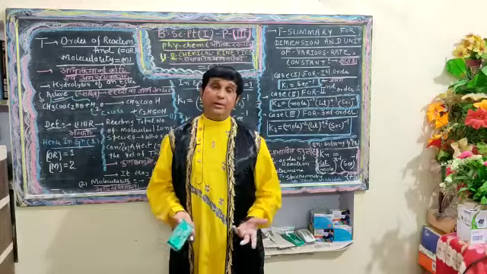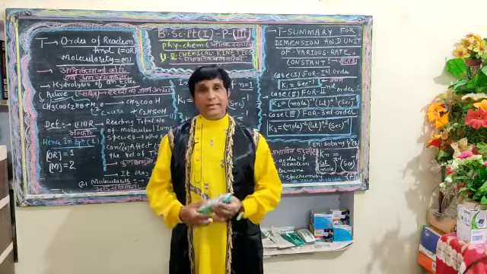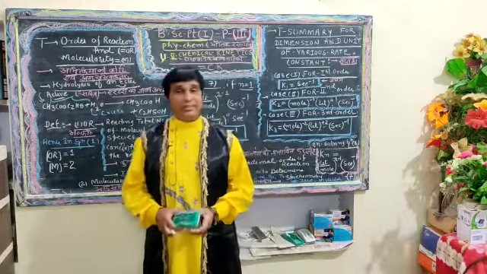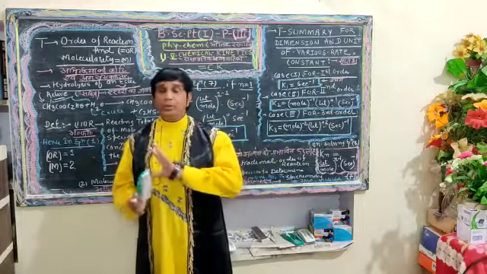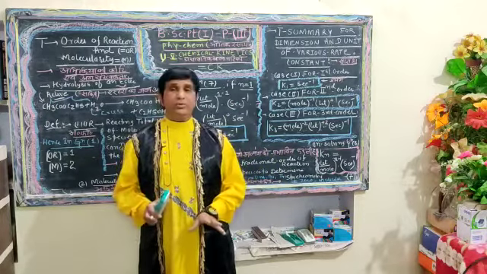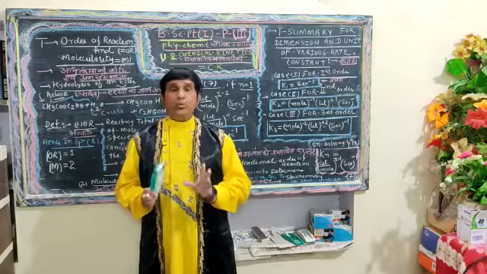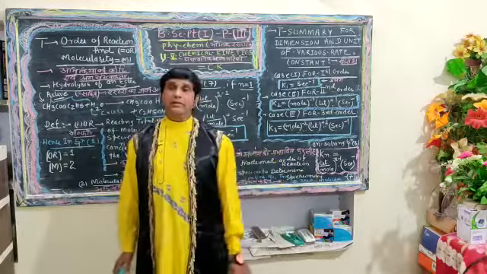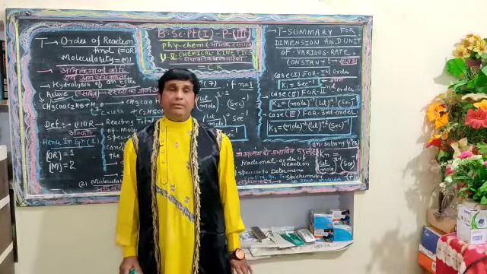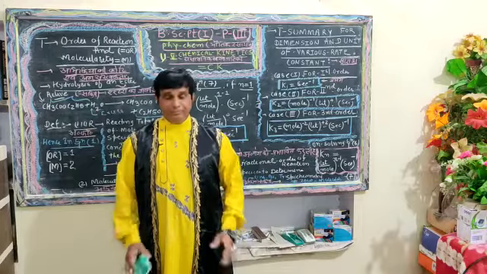How will you calculate the velocity constant in terms of 50? Students of BSc part 1, you simply need to remember the general formula of equation number 7.